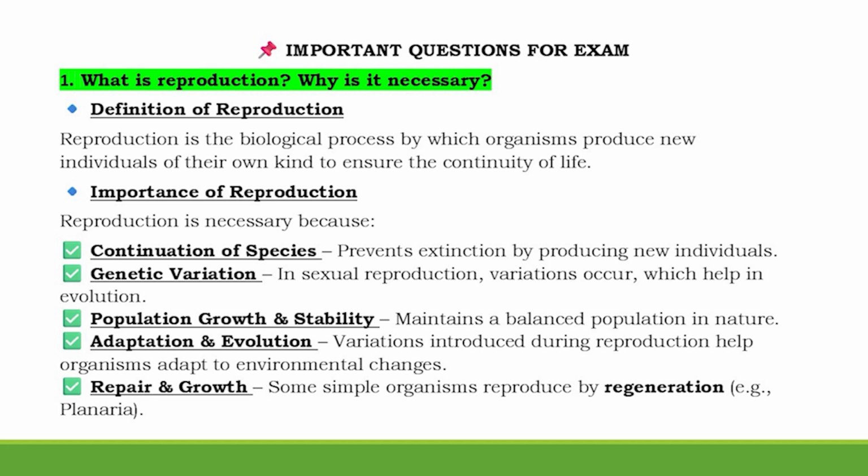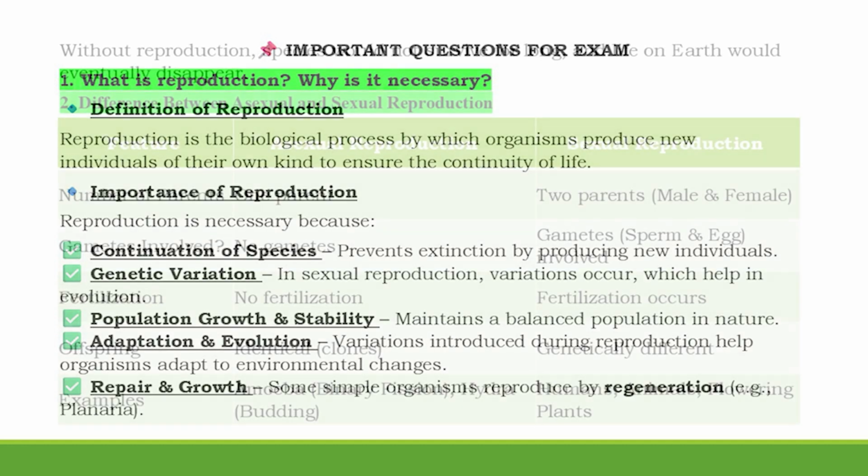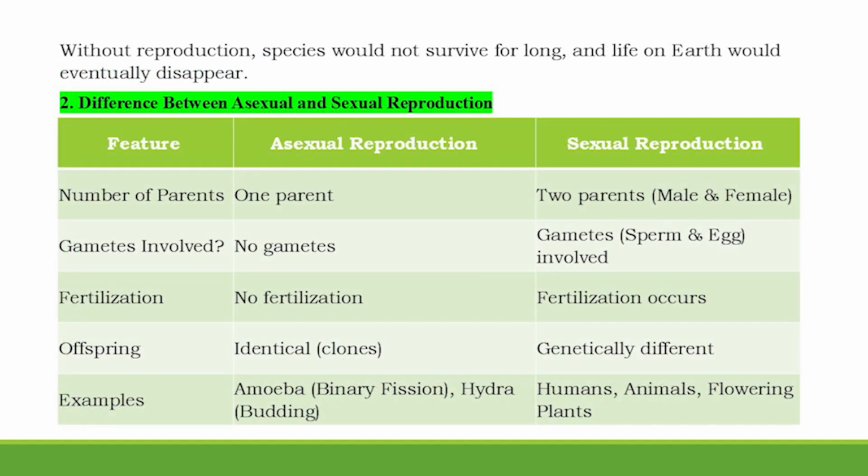Adaptation and evolution: variations introduced during reproduction help organisms adapt to environmental changes. Repair and growth: some simple organisms reproduce by regeneration, example, planaria. Without reproduction, species would not survive for long, and life on Earth would eventually disappear.